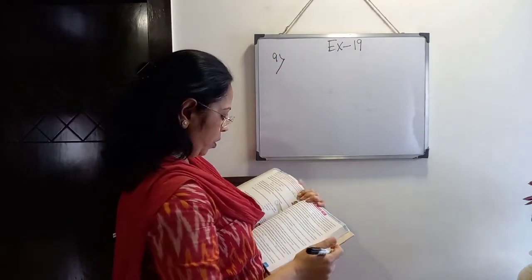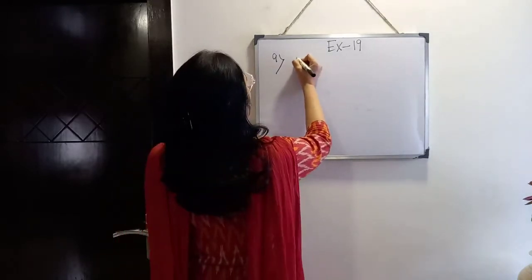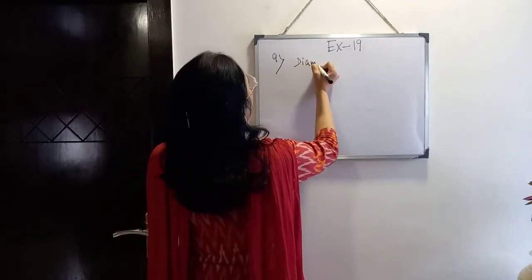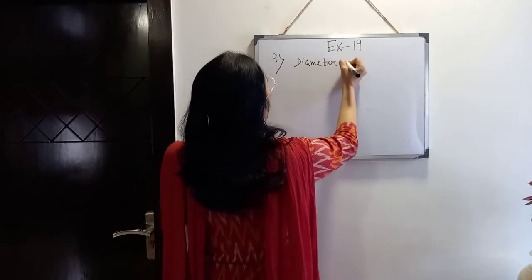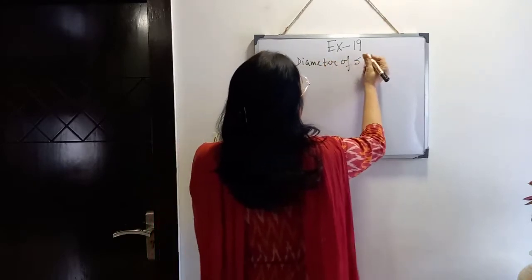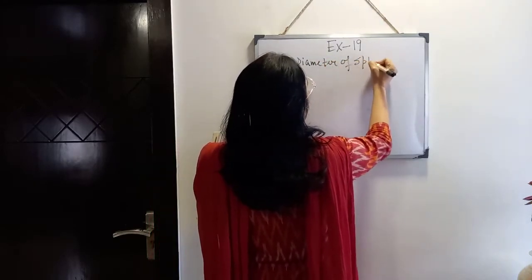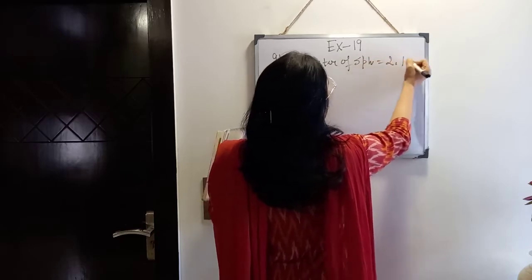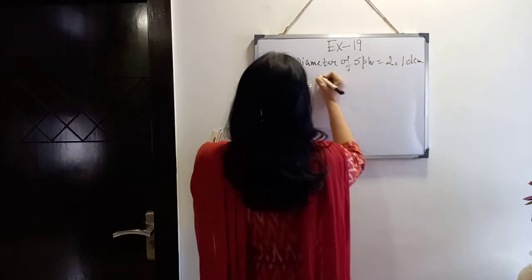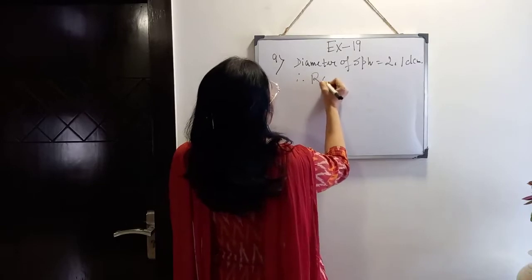Diameter given 2.1 decimeter. Diameter of sphere 2.1 decimeter. So radius will be diameter divided by 2.